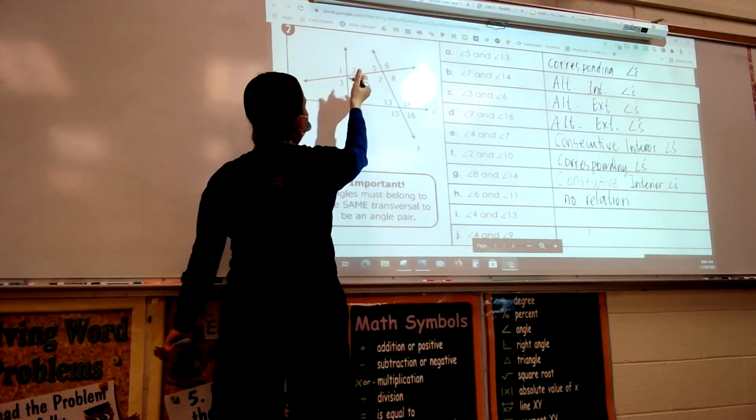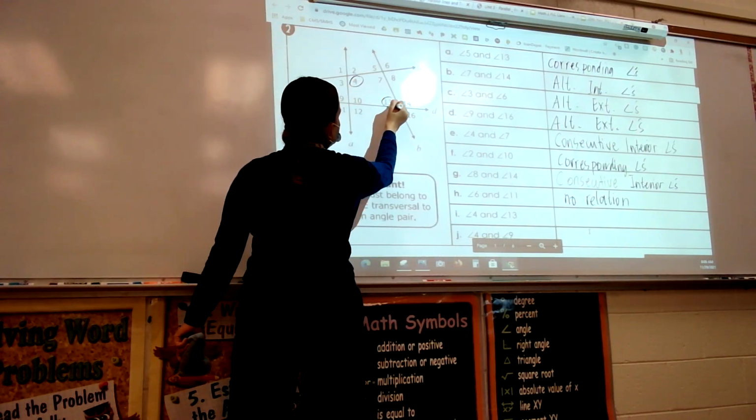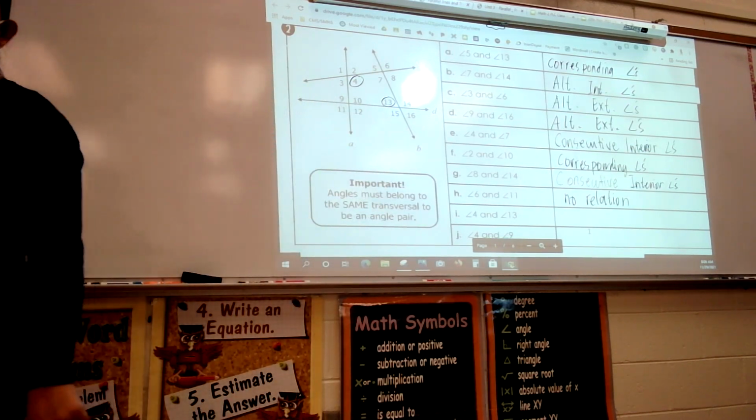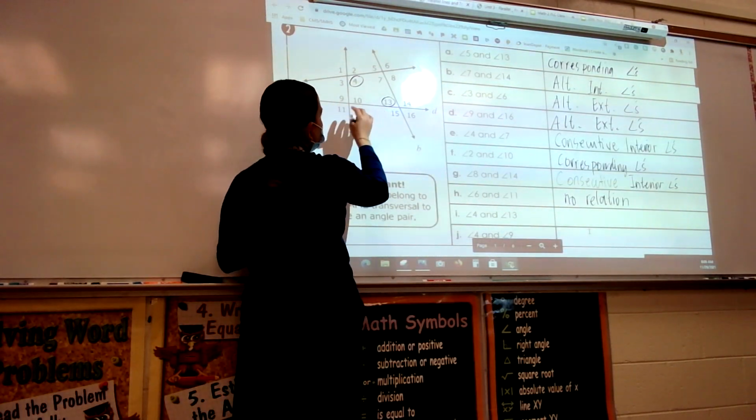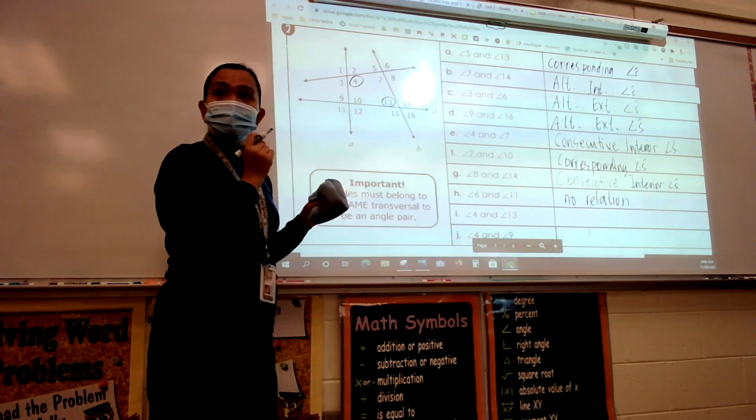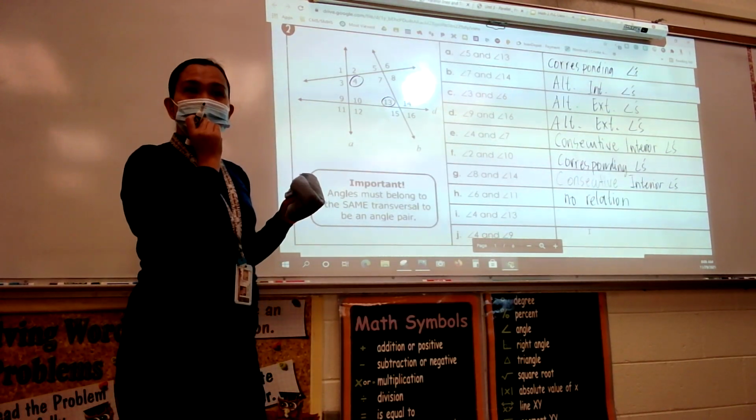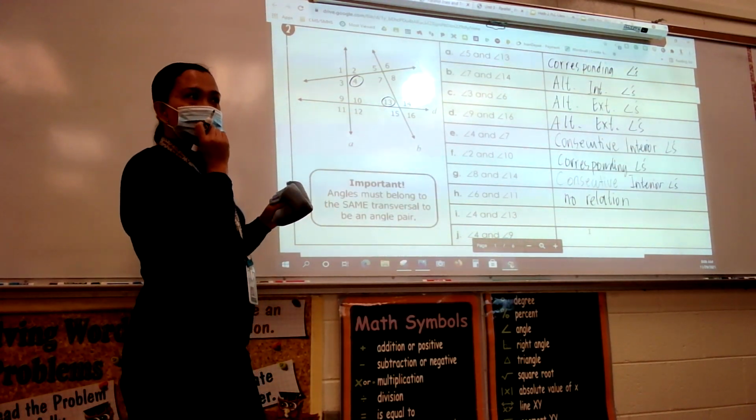Next, 4 and 13. Look at that. 4 and 13. Shifa, try. What type of relation are they? Are they connected? I don't think so. I think I have no relation. You said no relation? Marcus, no relation? They don't belong. Is there any line? Yes, it has. Alternate interior.